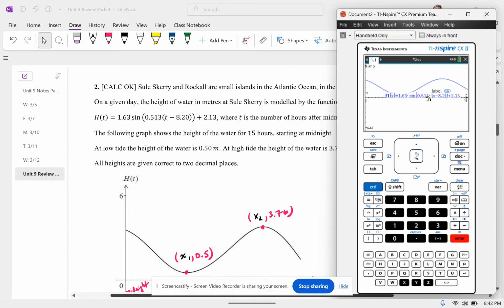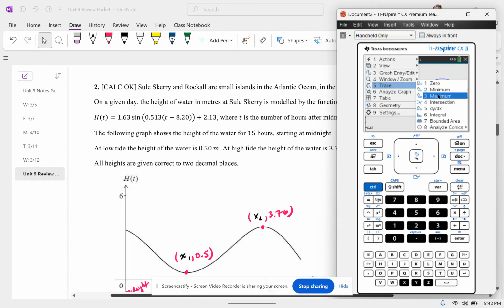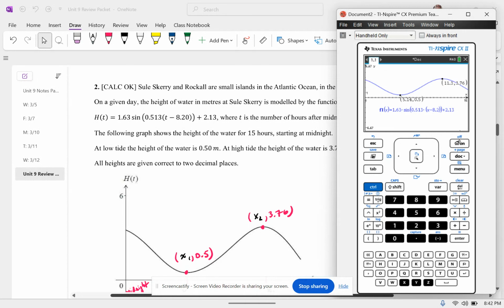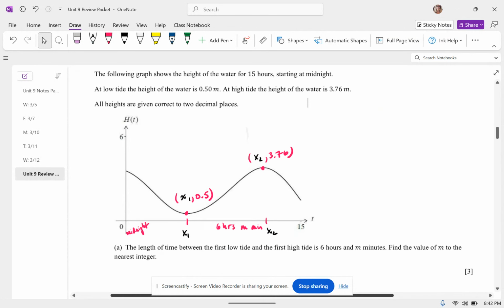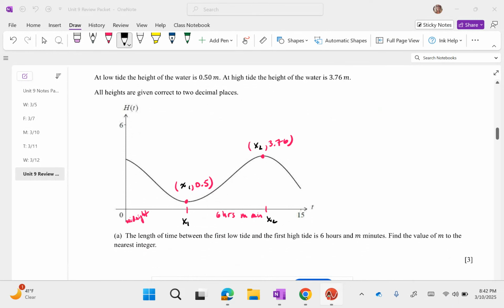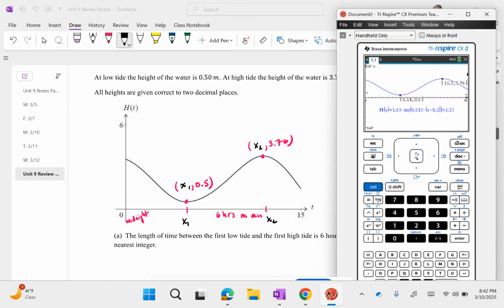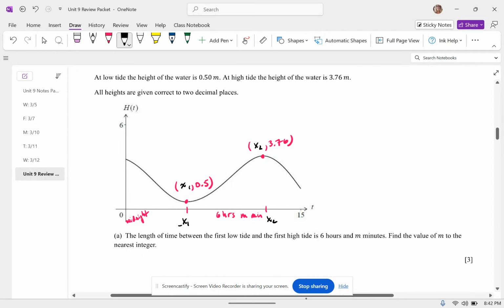That looks just like the graph that I have over there. Cool. All right, so I'm trying to go from min to max, trying to get those times. I have a minimum height of 0.5 and a maximum of 3.76. Can confirm. Excellent. Okay, so those times that I'm sandwiched between are 5.14 and 11.3.